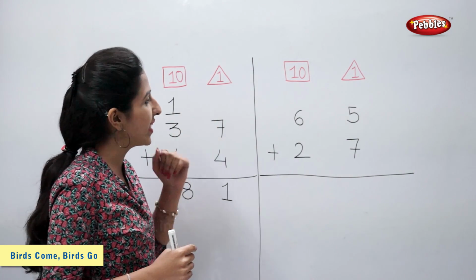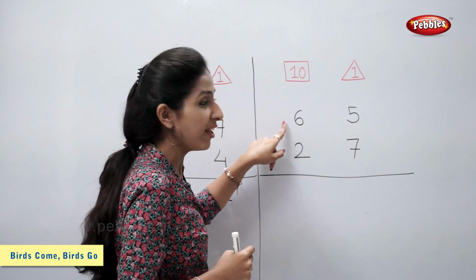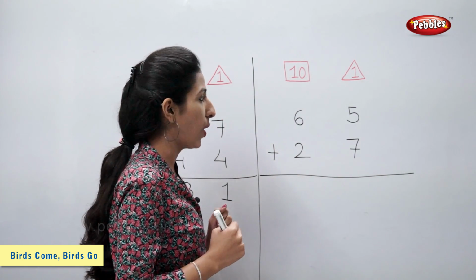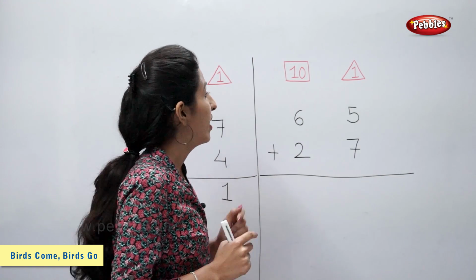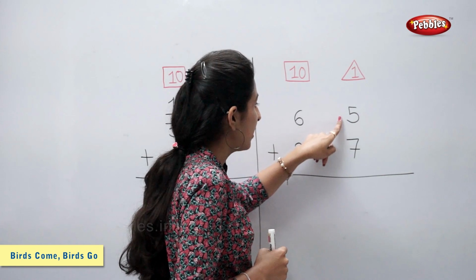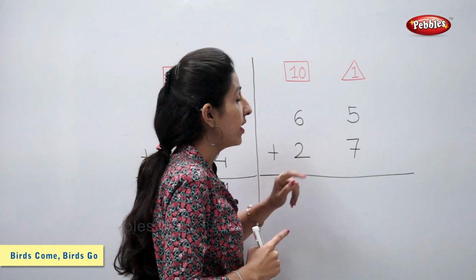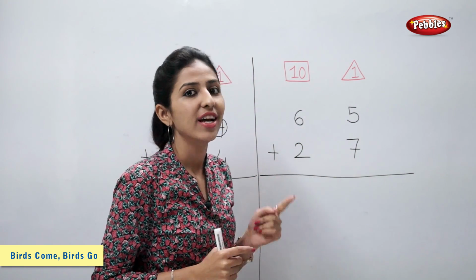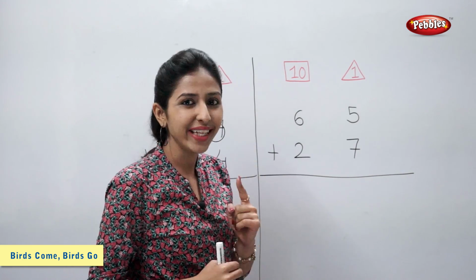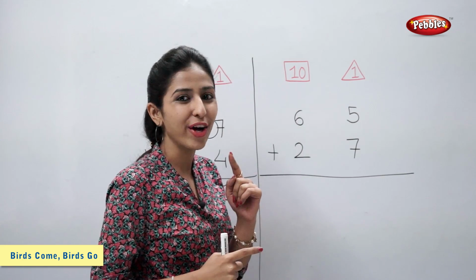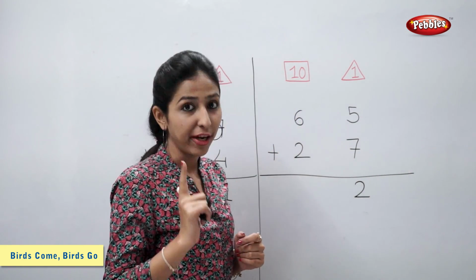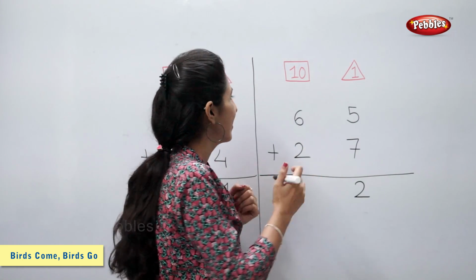Let's solve this example. 65 plus 27 is equal to how much? Let's add ones first. 5 plus 7 is equal to 12. Now 12 means 1 tens and 2 ones. So let's write 2 in the ones column. And 1 tens carry forward.